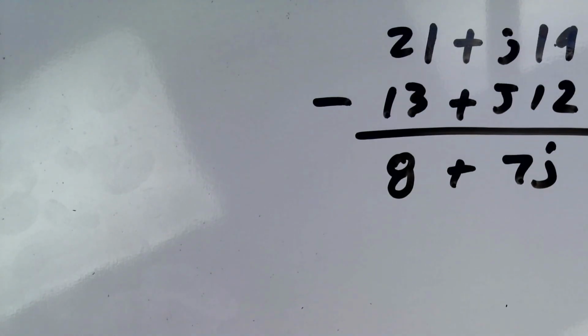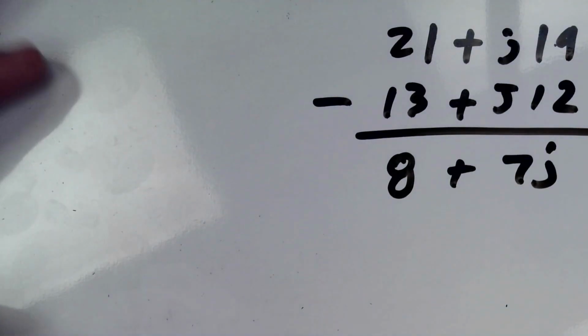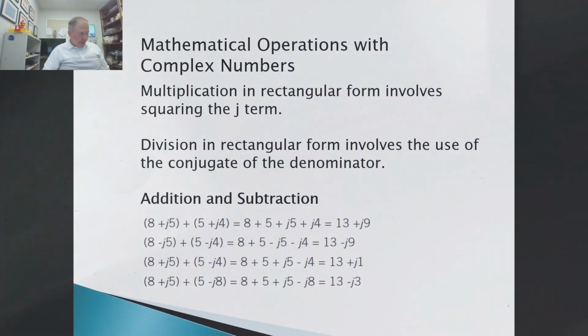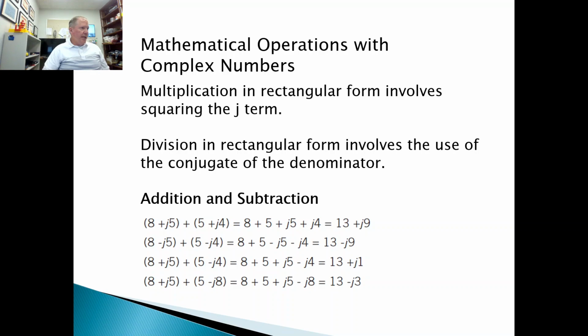Okay, so that's all you do when they're in rectangular format, you just add and subtract them. Those are the real and the j terms separately. This slide shows you just take 8 plus j5 plus 5 plus j4 is just 8 plus 5 plus j5 plus j4, and so forth. And subtraction is the same way.